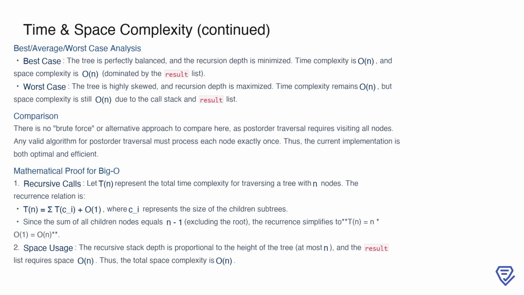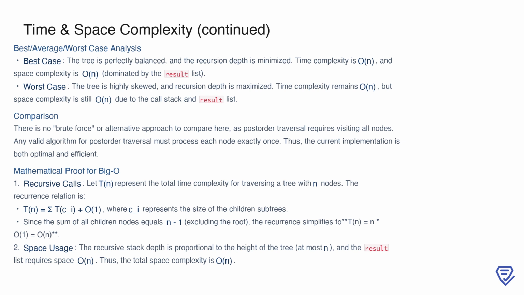In the worst case, with a highly skewed tree, the recursion depth reaches n, and the space complexity remains O(n), due to both the call stack and the result list. Comparing this implementation to alternatives, there is no brute force or shortcut approach, as postorder traversal inherently requires processing all nodes. Therefore, this algorithm is both optimal and efficient.